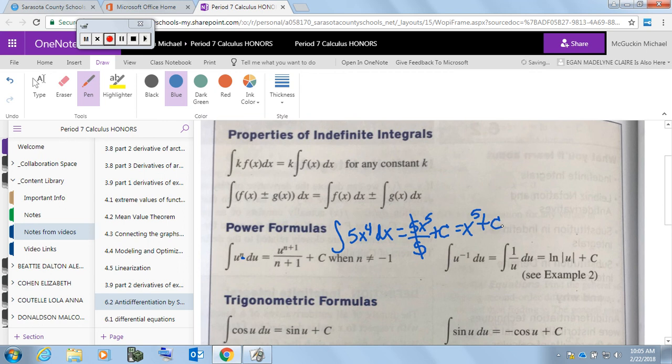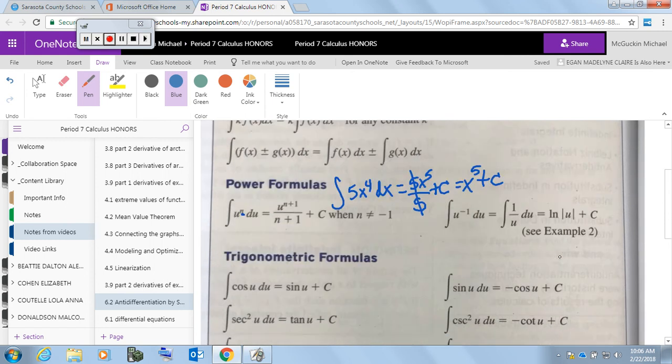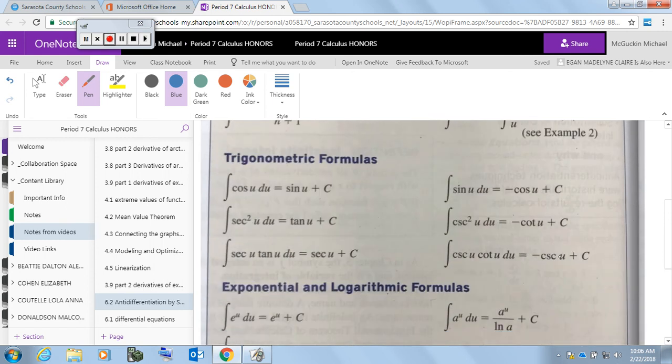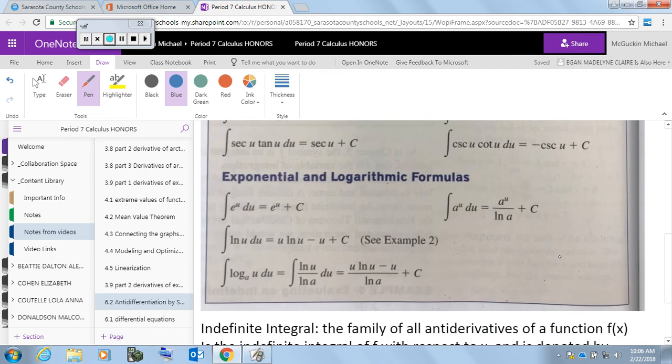To the right of that, don't forget the derivative of the natural log is equal to 1 over u. So that means the antiderivative of 1 over u is the natural log. Also, as we scroll down here, you can see some trig formulas just to always keep in mind what is true about our trig formulas, knowing what the derivative was and then what the antiderivative will be.